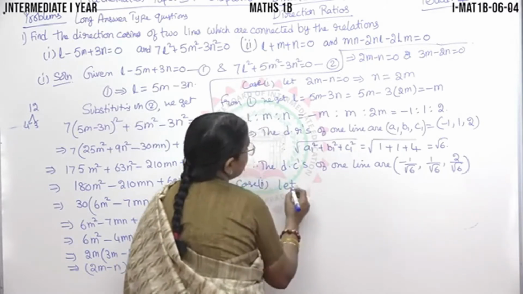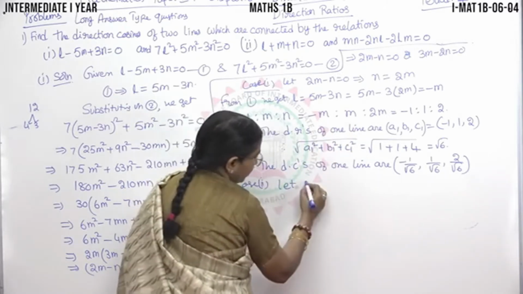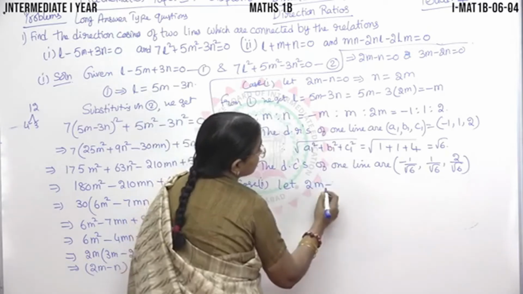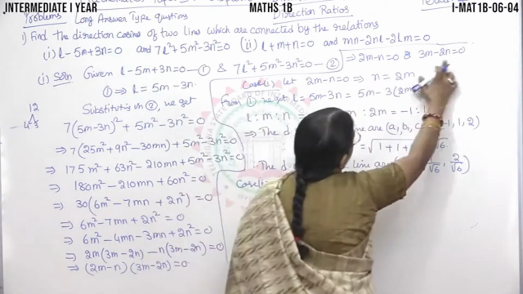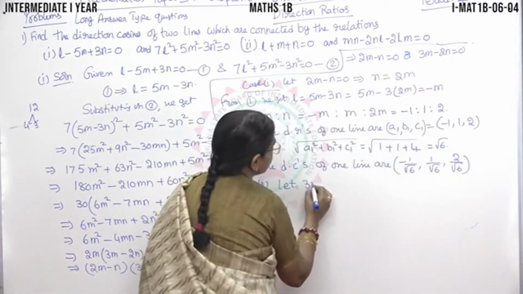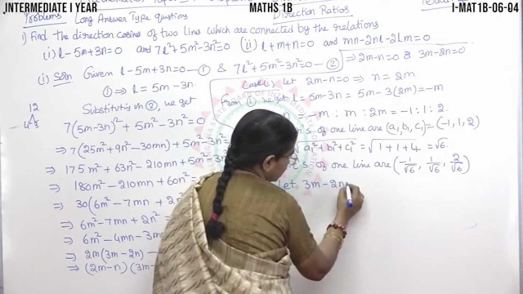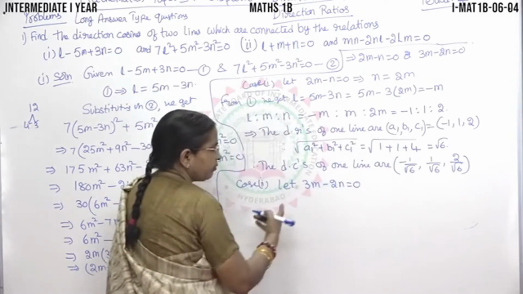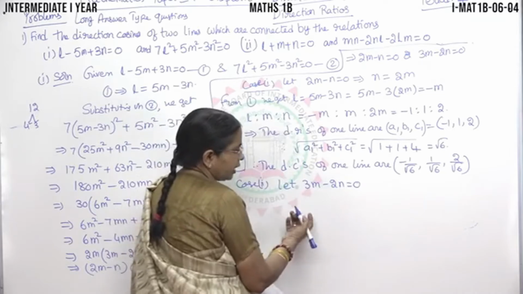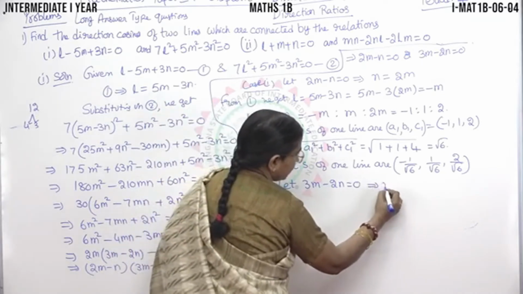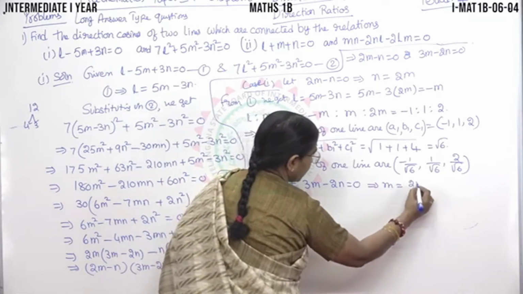So suppose we'll take 3m minus 2n is equal to 0. Then from this you can find either m or n. We'll find m here. m is equal to 2n by 3.